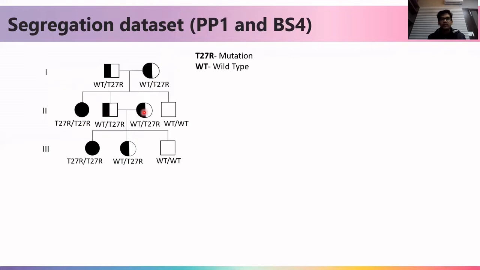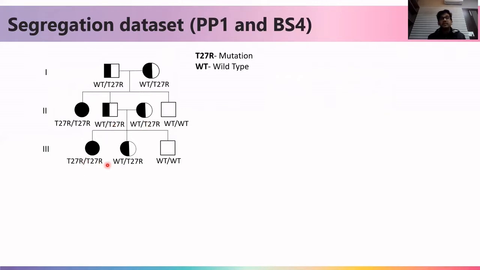Two of the offspring have inherited one healthy copy and one mutated copy, so both of them are heterozygous, and one does not inherit any defective copy, so it is wild type.